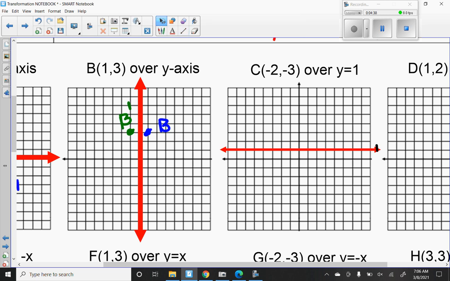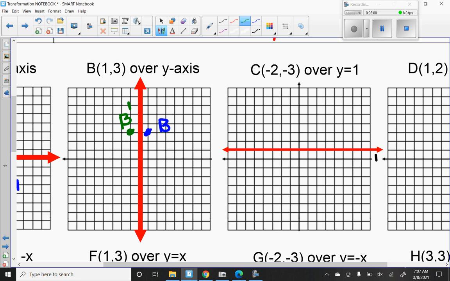So this would be your y = -2 line. This would be the y = -6 or -7 line. Every y = line goes straight across with a slope of 0. So there's your y = 1.